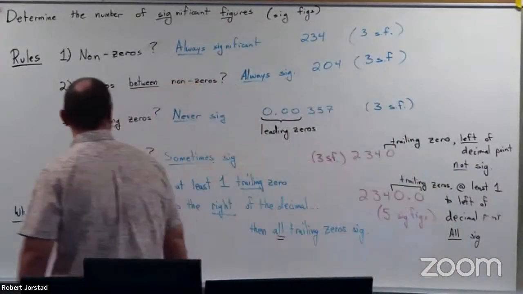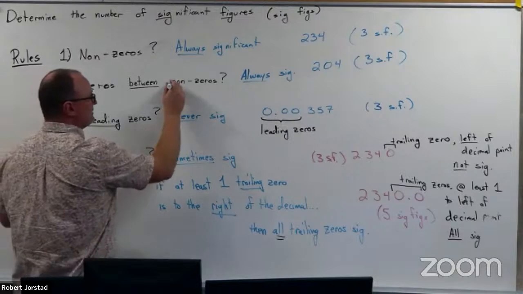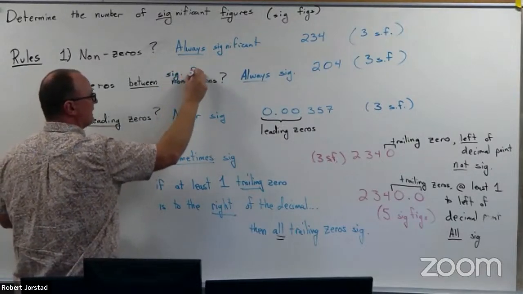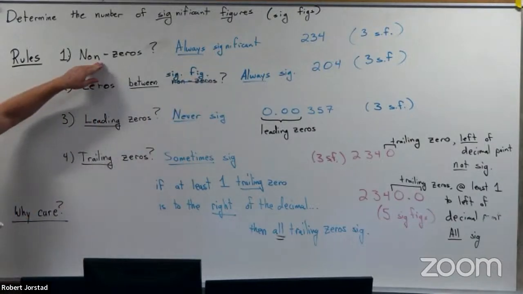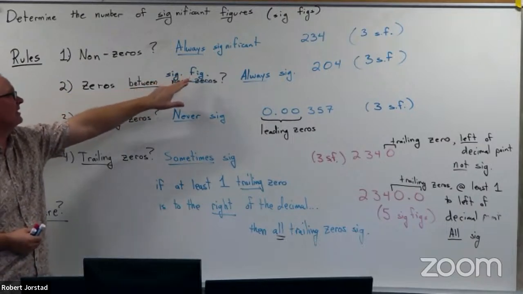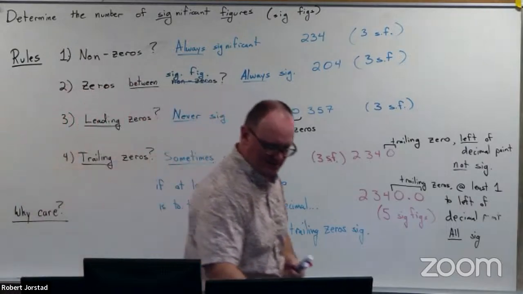The idea right here, I could actually modify this rule to say zeros between significant figures. So obviously non-zeros are significant, but if you have zeros between a significant zero and a non-zero, that would also work.